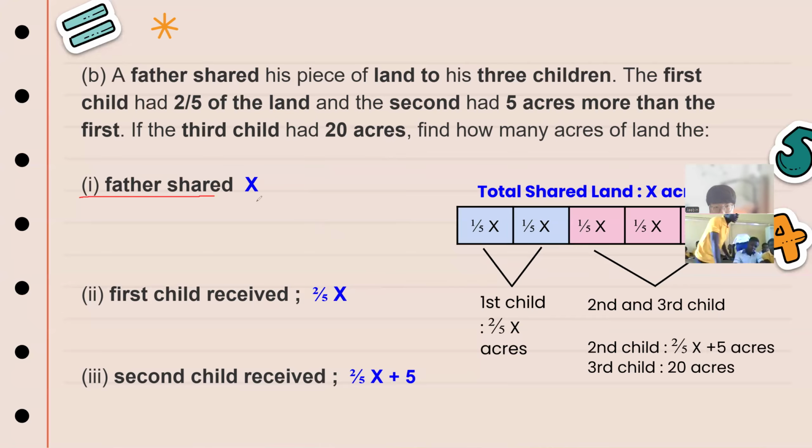So if we set the total land that the father shared as X, then it'll be 2/5 times X for the first child, because the first child had 2/5 of the land.